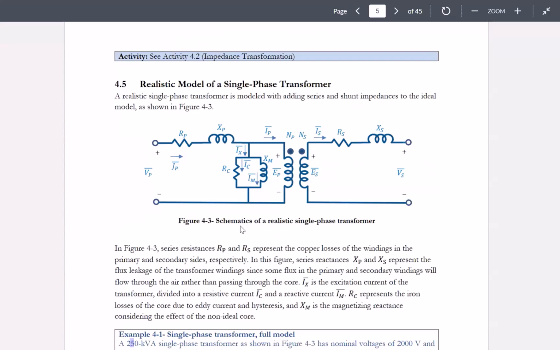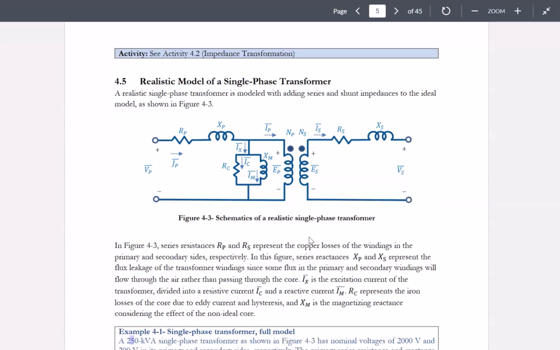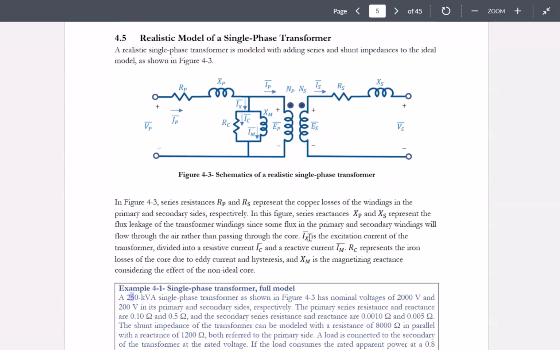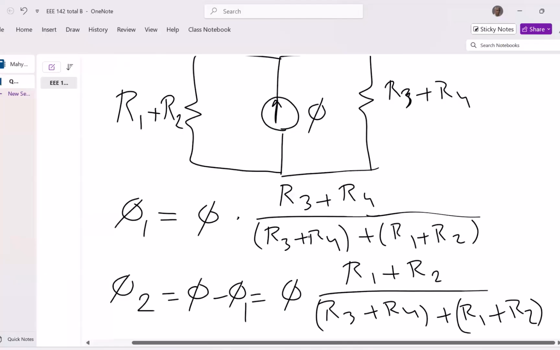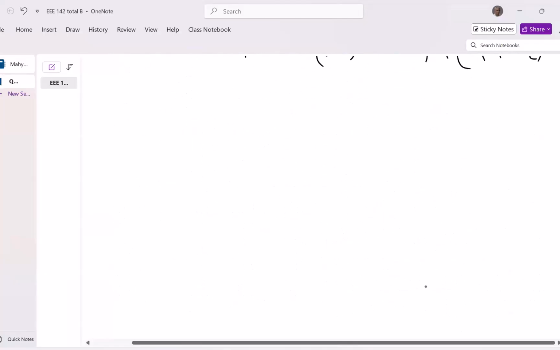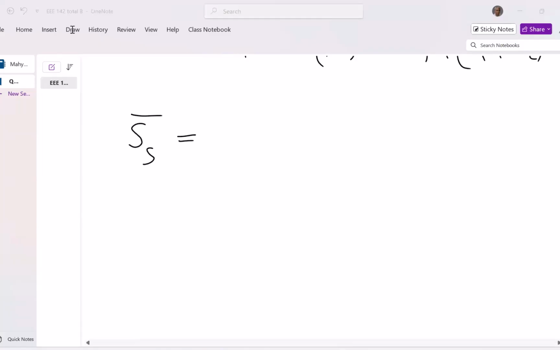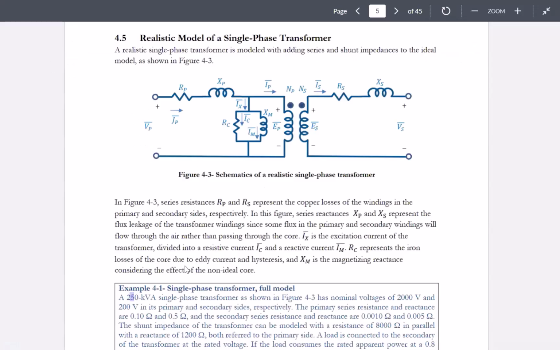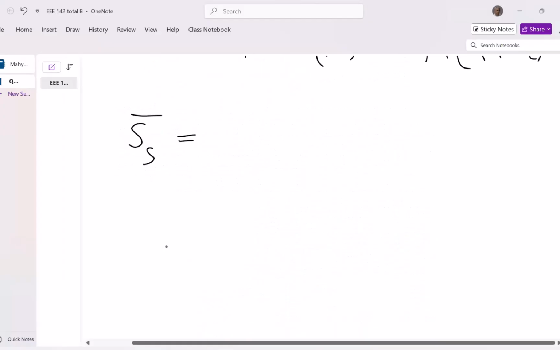Okay. So we start from where we know the knowns, which is on the load side. On the load side, we know SS, right? So let's call SS the complex power on the secondary side or on the load side, which would be equal to the apparent power, which we have how much? 250 kilovolt amps.